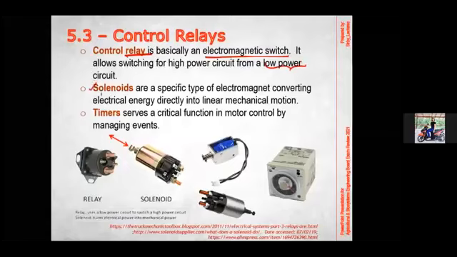And solenoids are a specific type of electromagnet converting electrical energy into linear motion. So when you supply electrical energy, there's going to be a response of linear mechanical motion.